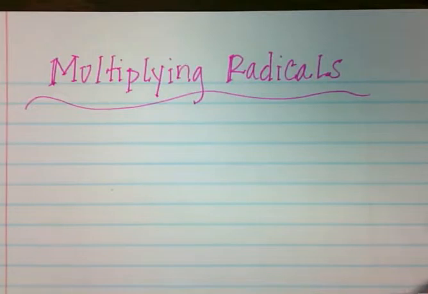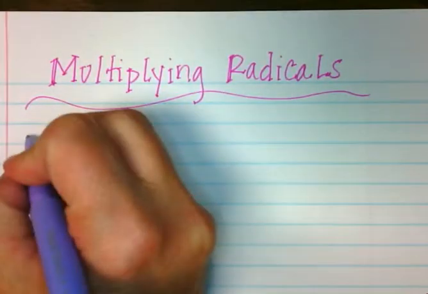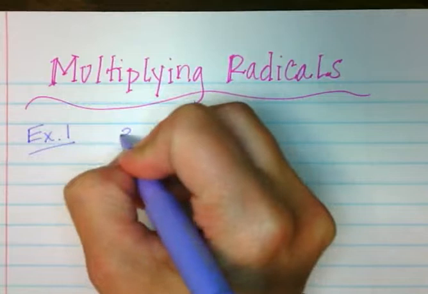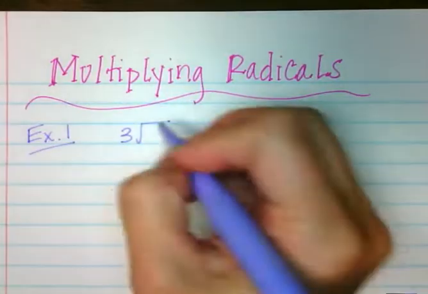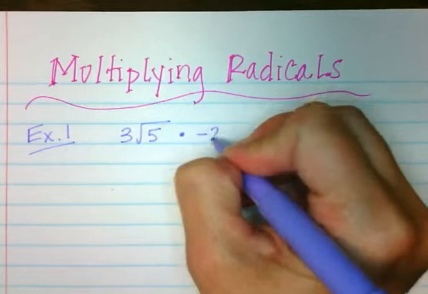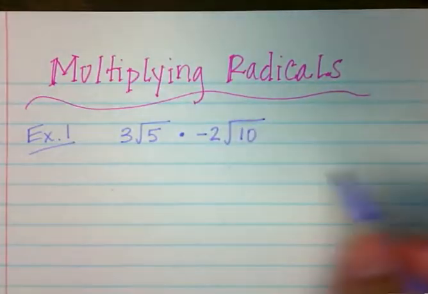So what we're going to work on today is multiplying radicals. So just to start off with the basic ones, when we multiply radicals together, if we had something like 3 square root of 5 multiplied with negative 2 square root of 10, all right?